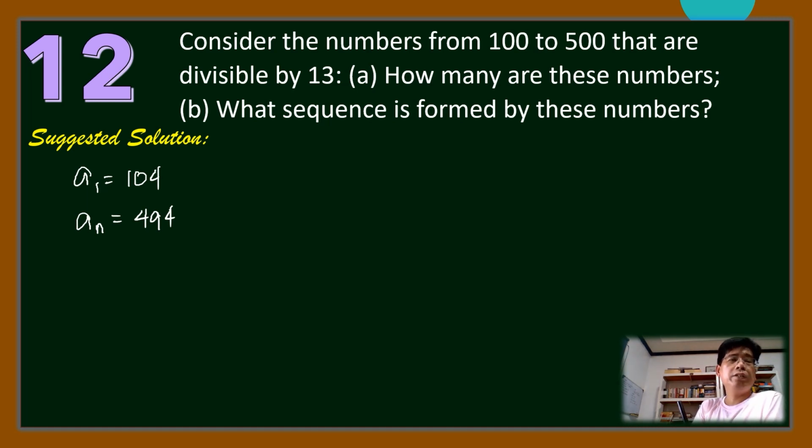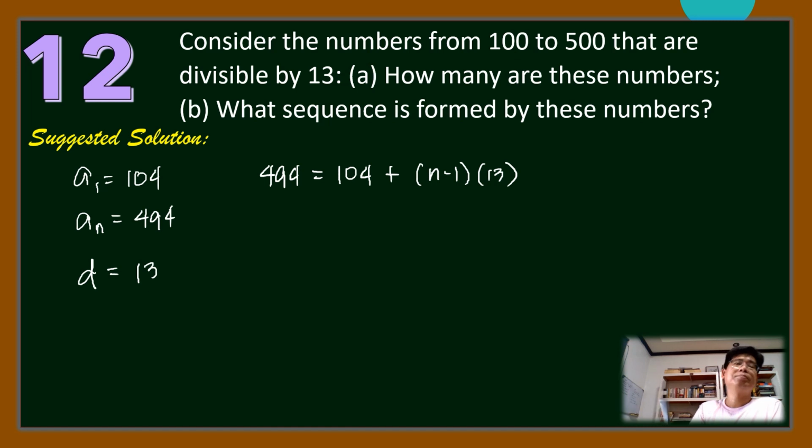We can solve for the number of terms in this sequence using the nth term of the arithmetic sequence, where d is equal to 13 because these numbers are divisible by 13. So we have 494 equals 104 plus n minus 1 times the common difference, which is 13.